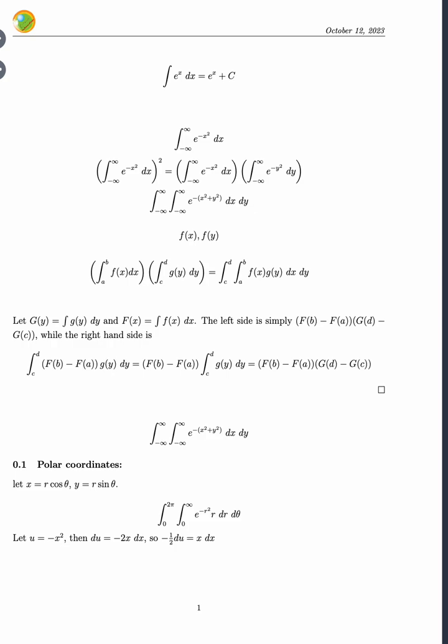Or should I just use the r here? Sorry. So r dr, this integral transforms.